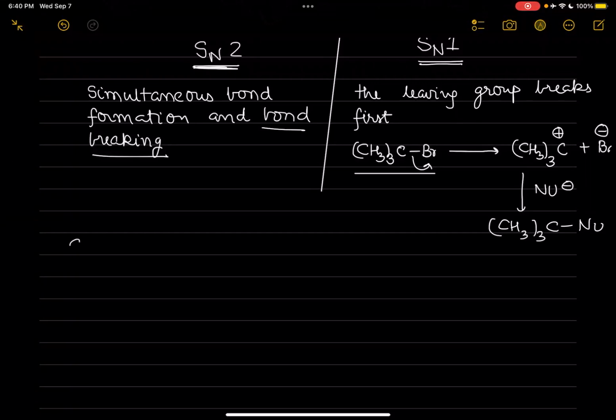Okay, suppose I ask you to convert, or I will directly give this reaction. Ethyl bromide, when you react with KCN, Imad, Anushka, Zen, what are we going to get?